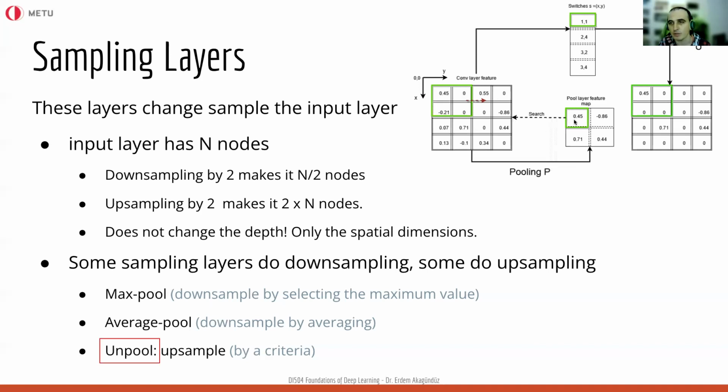This is not exactly max pooling, this is absolute max pooling, maybe. It takes the value with the maximum absolute value of these features. Then, at some later stage, you are going to increase this to this resolution.